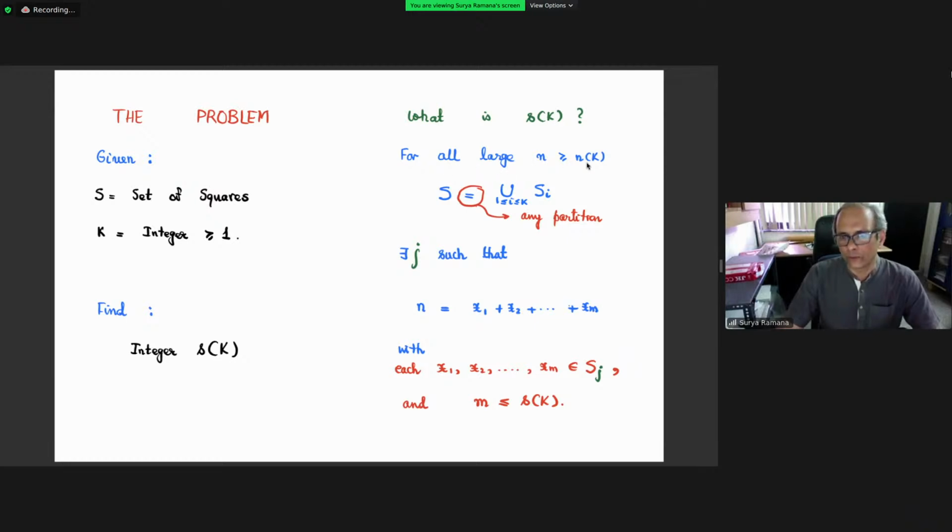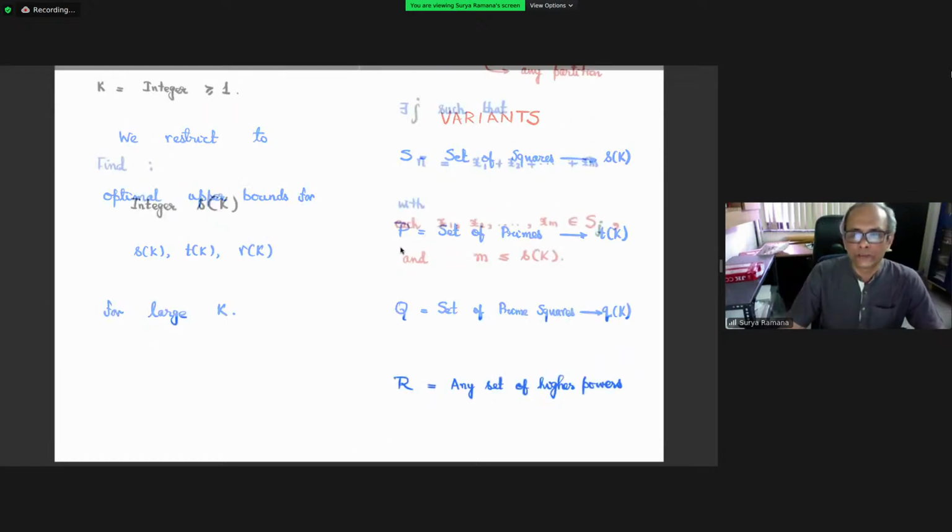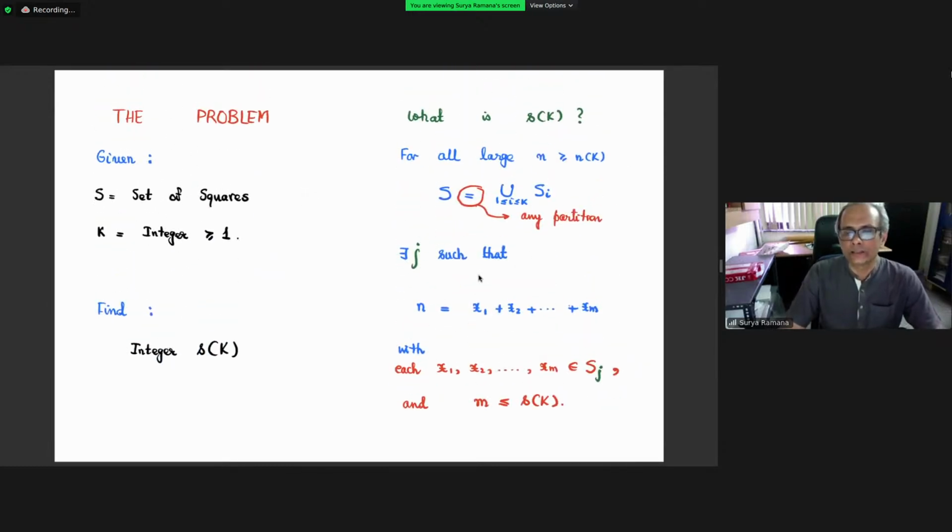for each large enough integer n and given partition, there should exist j such that n can be written as x1 + x2 + ... + xm, with each of these summands belonging to the same S_j, and the number of summands does not exceed s_k.